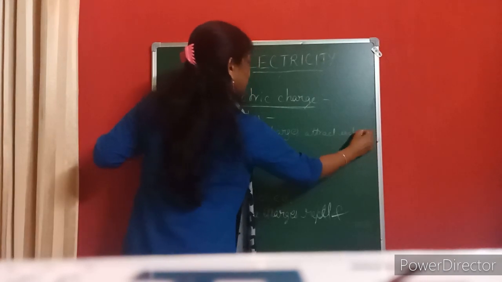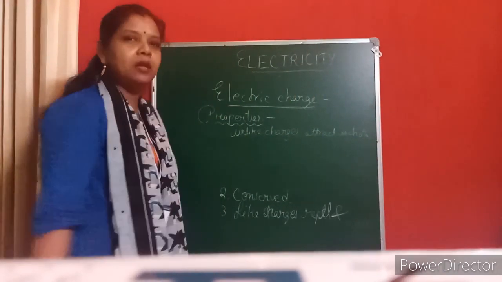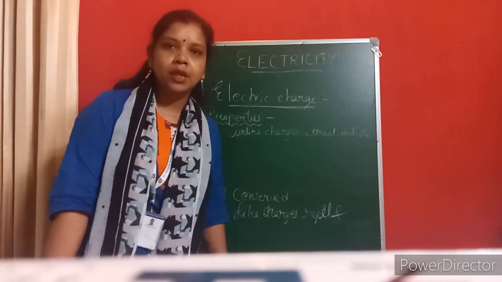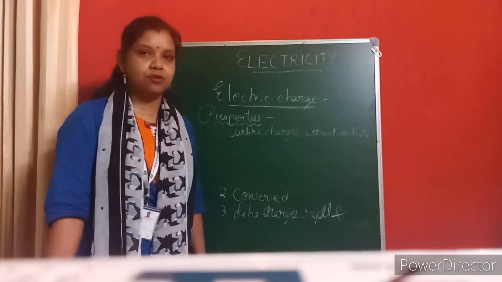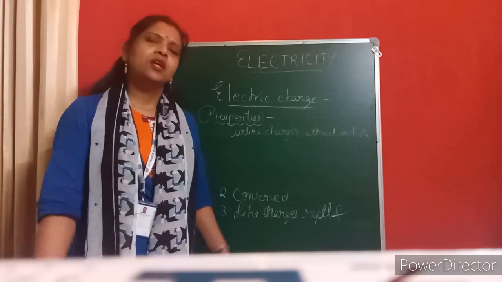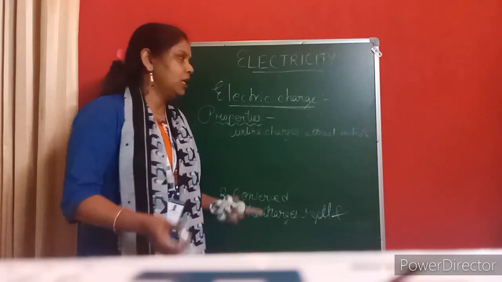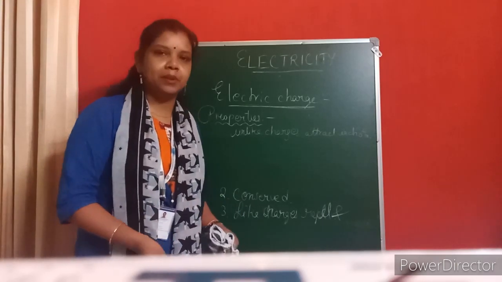This is known to you from lower classes. You have studied in magnetism also: north pole with north pole, repulsion; north and south, attraction. So opposite poles attract, same poles repel. The same meaning applies here. If the charges are the same, positive and positive, repulsion will be there. If positive and negative, attraction will be there.